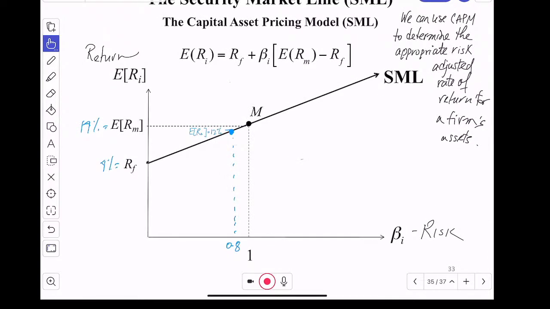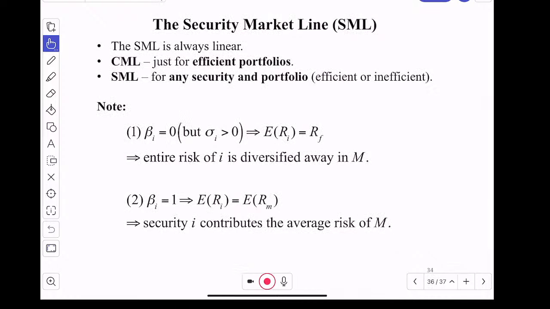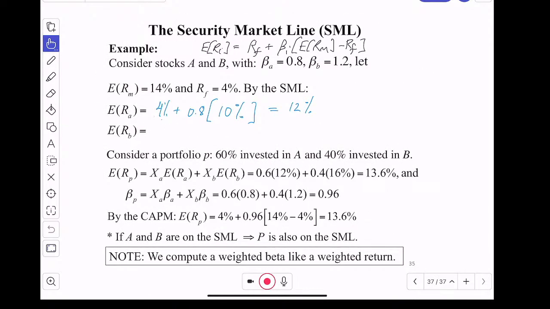Now let's put on B. B would be 4%. So all I change is the beta. This is 1 and this is still 10%. 1.2, sorry.